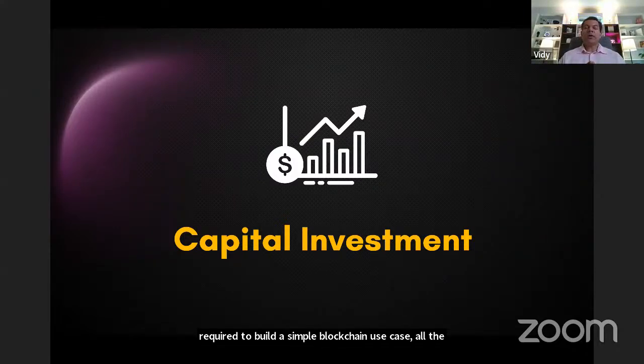So whenever we are talking about large amounts of investments, companies are a bit concerned as to whether they are going to get the return on their investment or not. And this is the challenge with any new technology. Whenever a new technology comes to the market, one of the major hurdles for its adoption is tangible or visible ROI or return on investment.